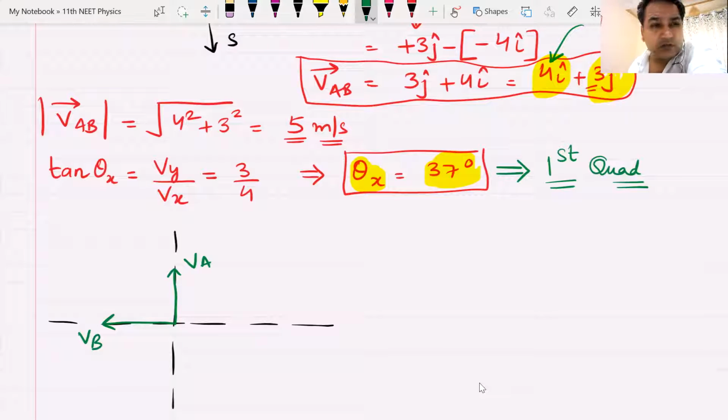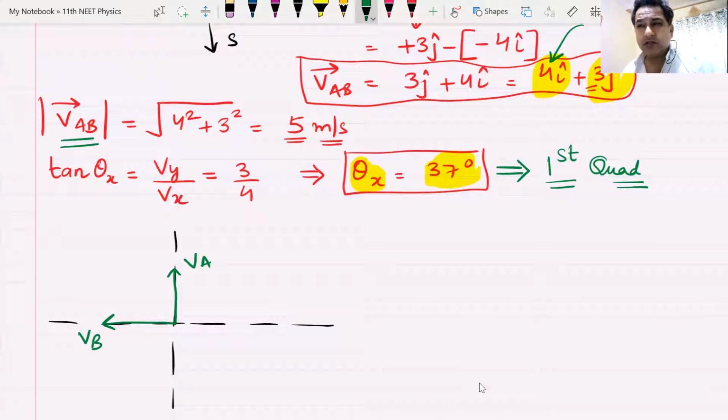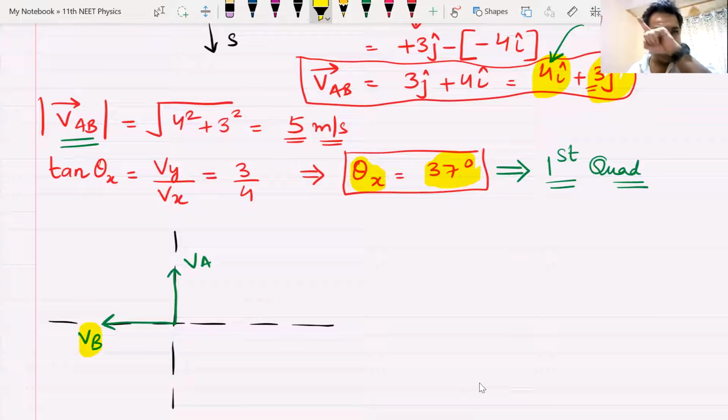Now, when I found out the velocity of A with respect to B, please mind my words, I found out how A looks to B. That means if I become B and I watch A, how is the motion of A looking like?